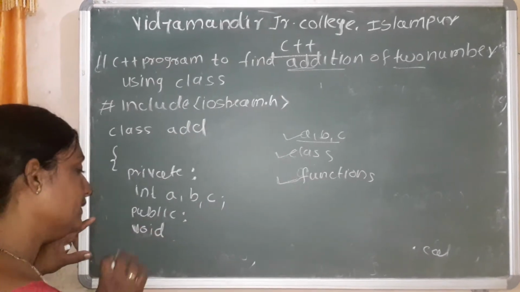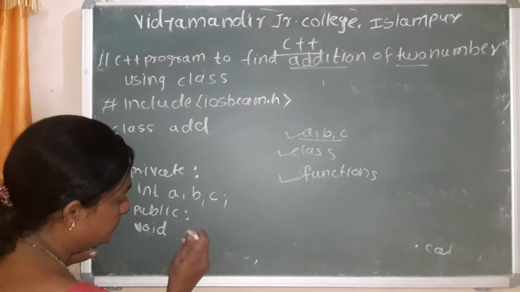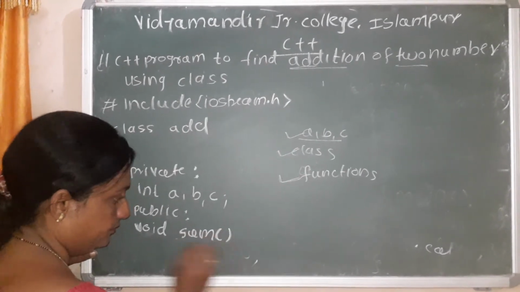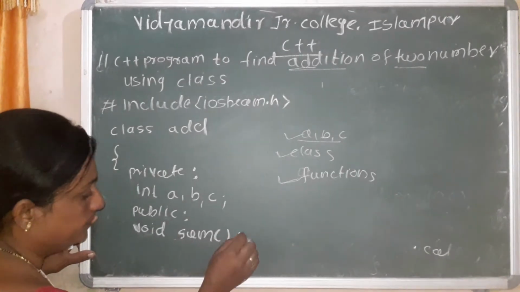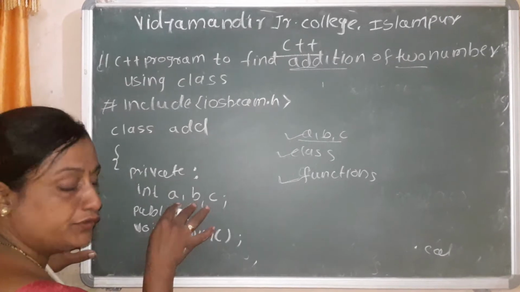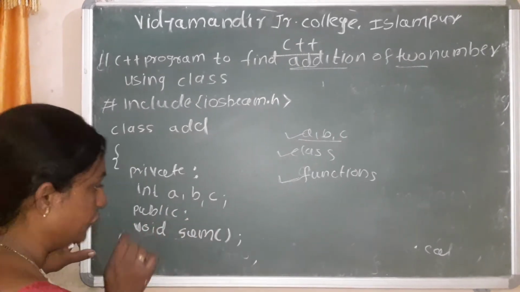How can we declare the function? We give the data type and function name, calculation or sum. I write the sum function. This function performs addition of two numbers.